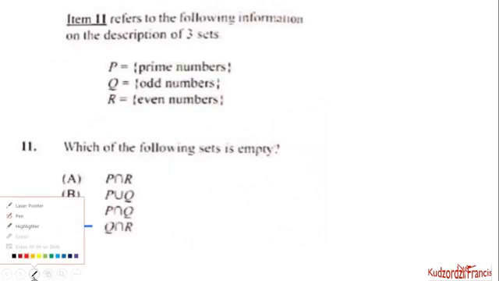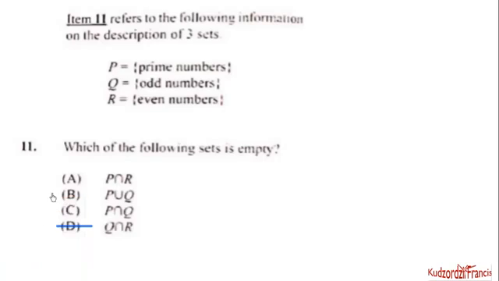This is another familiar question. Item 11 refers to the following information on the description of three sets: P is prime numbers and Q is odd numbers. You know the prime numbers are 2, 3, 5, and so on. Then we also have the odd numbers.